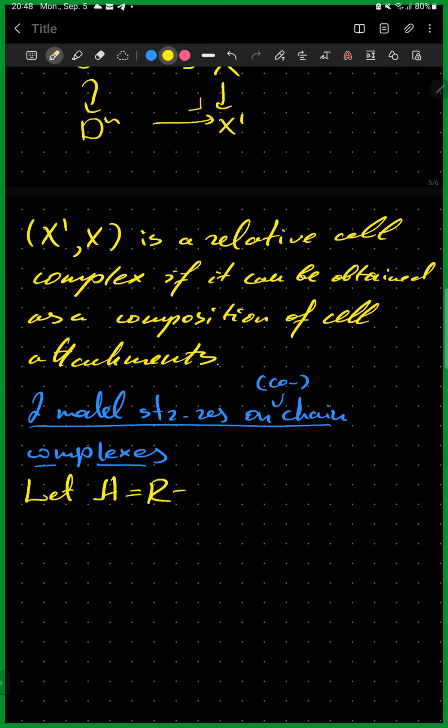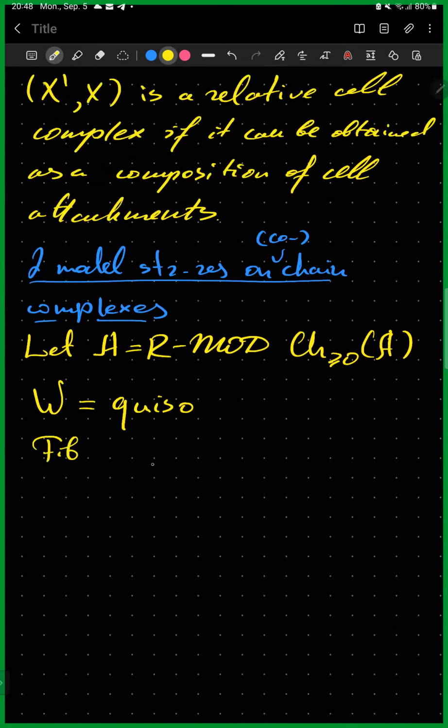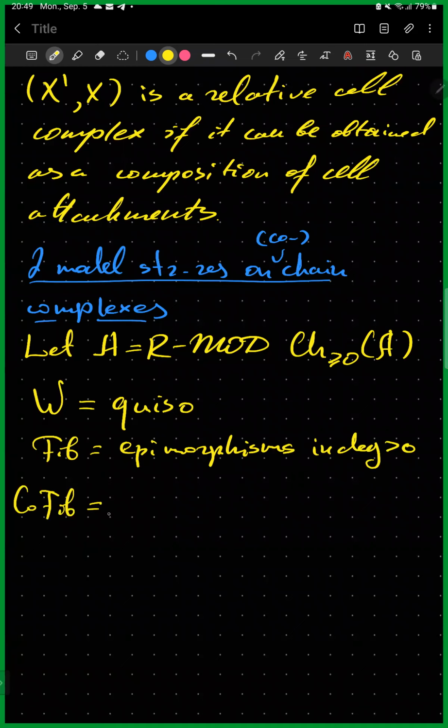Then weak equivalences should be quasi-isomorphisms. Fibrations should be epimorphisms in degree greater than 0, and cofibrations should be monomorphisms with projective cokernel.